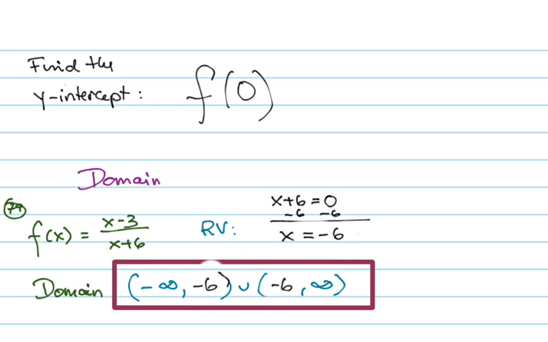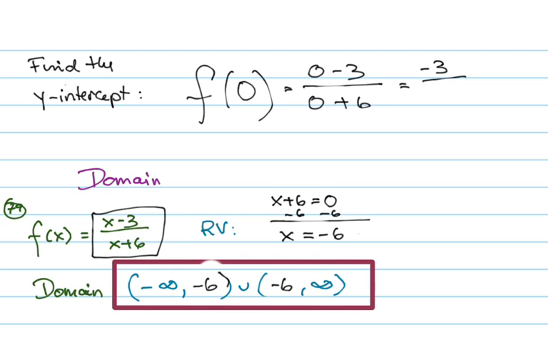Because he took off the x's, these x's are 0. Isn't that what I asked you to do? So f of 0. I know it's a little small down here. This is our function. So the x is 0 minus 3 over 0 plus 6. What is 0 minus 3? What's 0 plus 6?